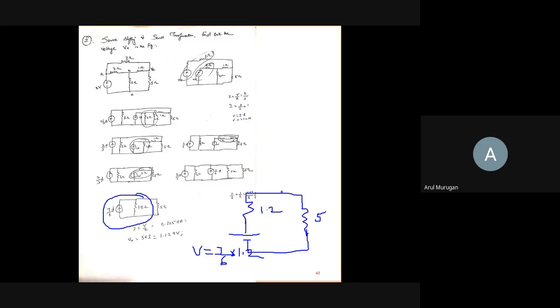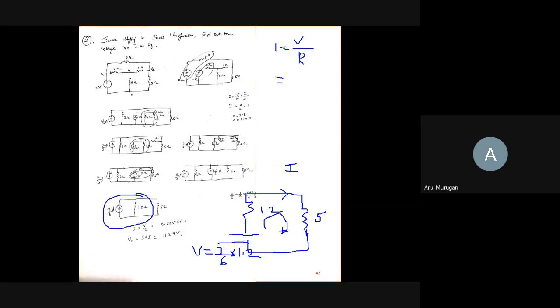Then can you find the I value here? Find the I value, the flow of current in the circuit. You are going to find it alternatively. I is equal to V by R. What is the V value?